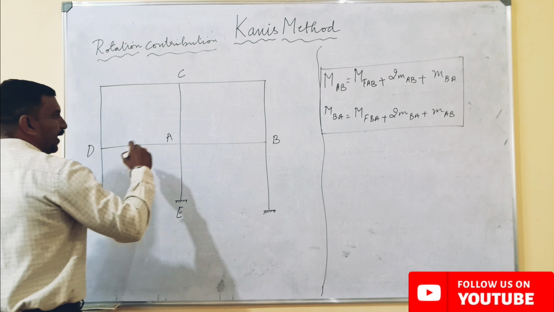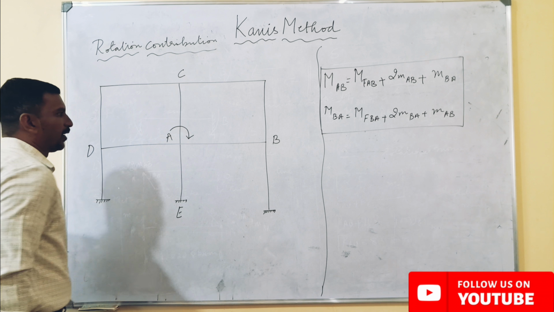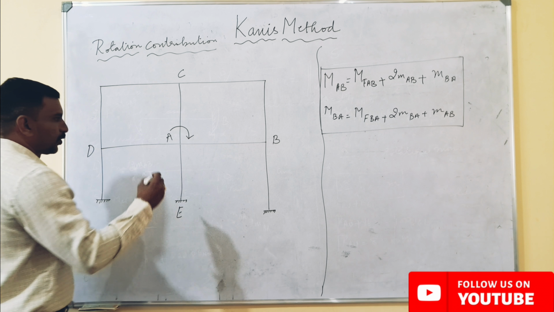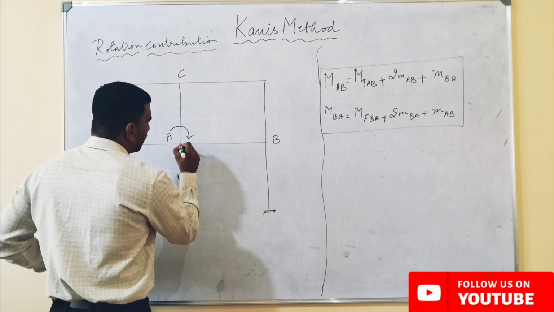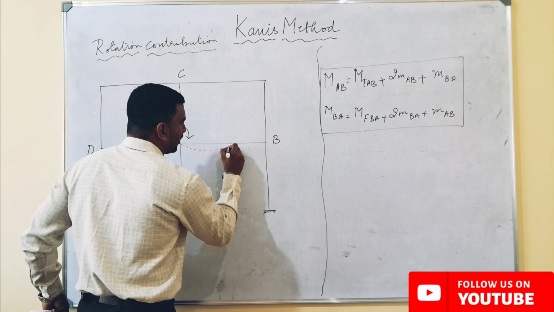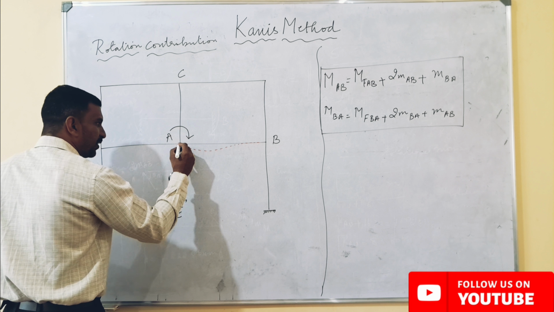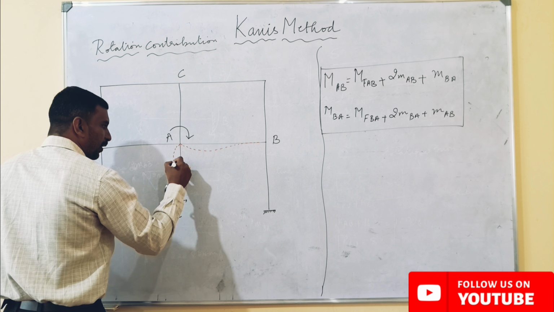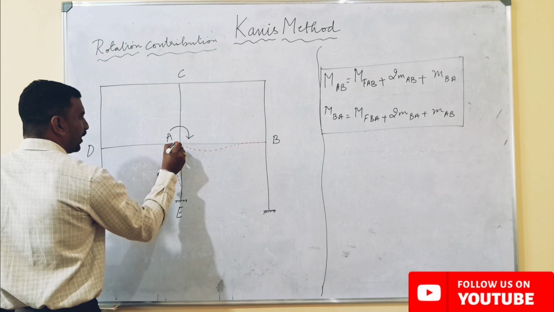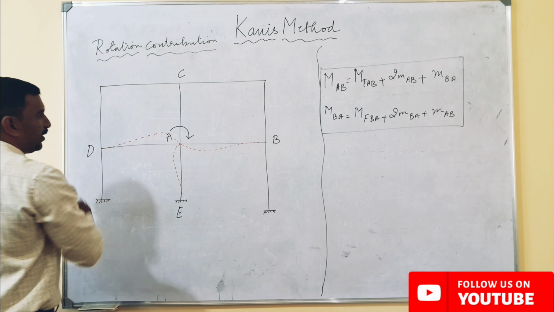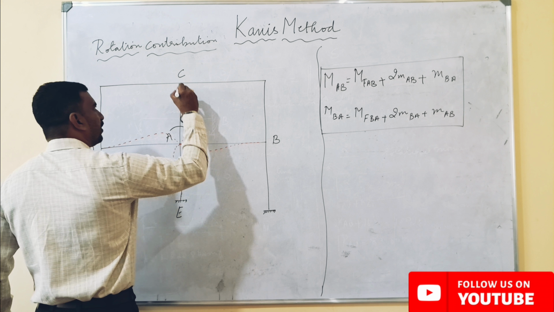Assuming that this joint A has undergone a unit rotation, the span A to B is undergoing a deformation in this way. Similarly, from A to E, as it rotates, it undergoes a deformation in this way. Similarly, A to D, and from A to C, it undergoes a deformation in this way.